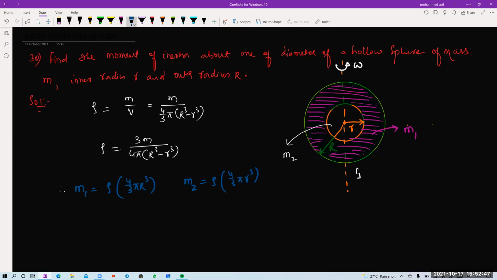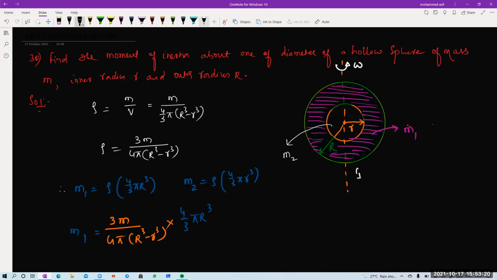So now I can write the relation in terms of M. In the same way, M1 will be equal to rho, and I can substitute the value of rho here. The rho value is 3M divided by 4 pi into capital R cube minus small r cube, into, as usual, 4 by 3 pi into capital R cube.